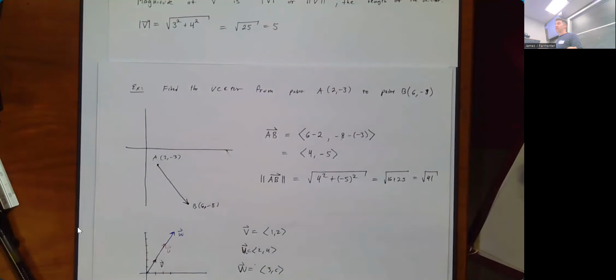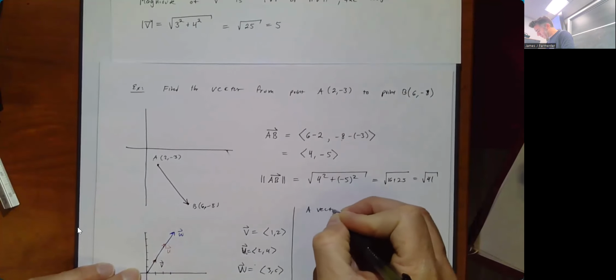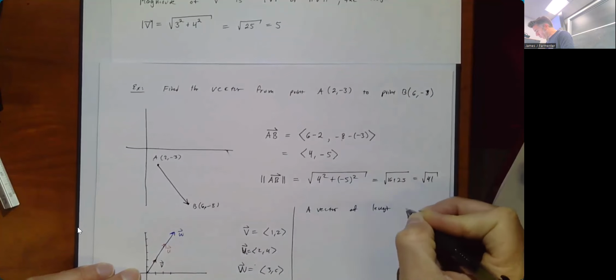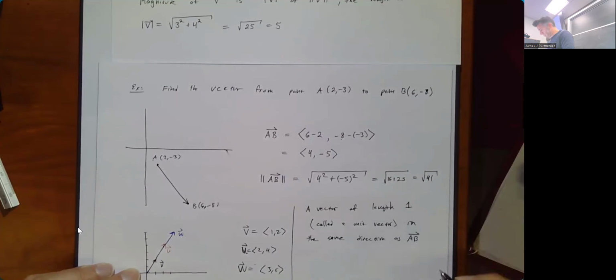It's not hard to make a unit vector out of a vector. All you do is divide the vector by its own magnitude. So if I wanted a vector of length 1, called a unit vector, in the same direction as AB, we would just take AB and divide that vector by its own length, or by its own magnitude.